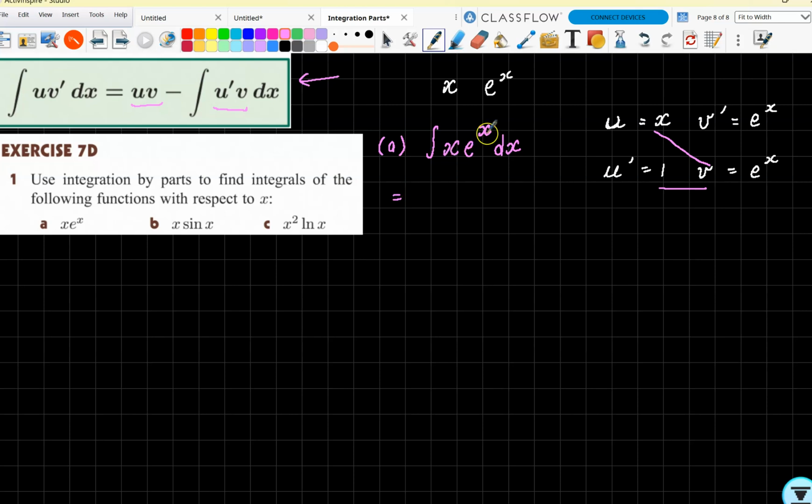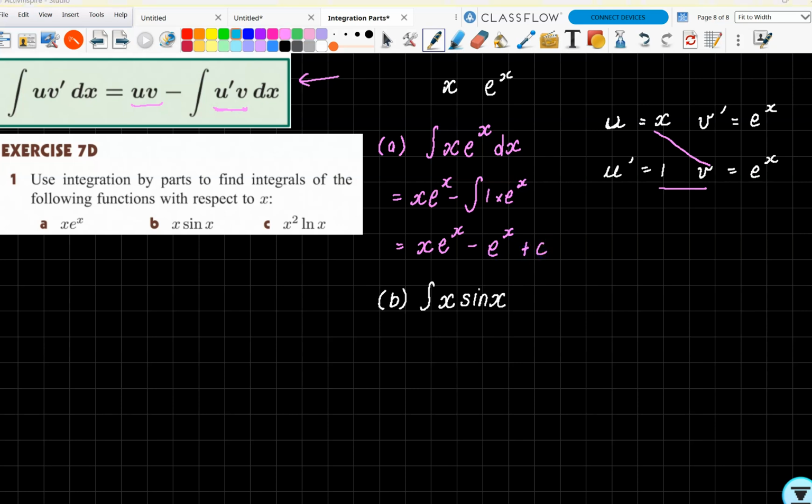So the integral of x times e to the x will be x multiplied by e to the x, minus the integral now of the derivative of u times v, so it's these two. So 1 times e to the x. And so that becomes x e to the x, and the integral of e to the x is just e to the x. So that one's done.